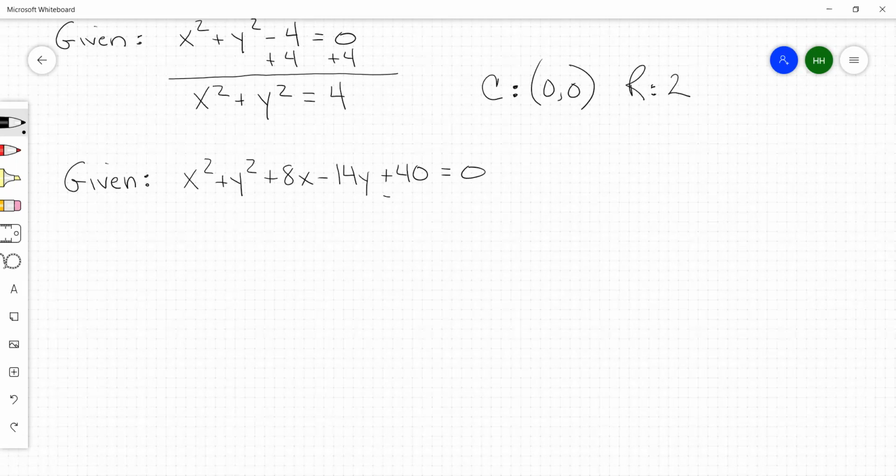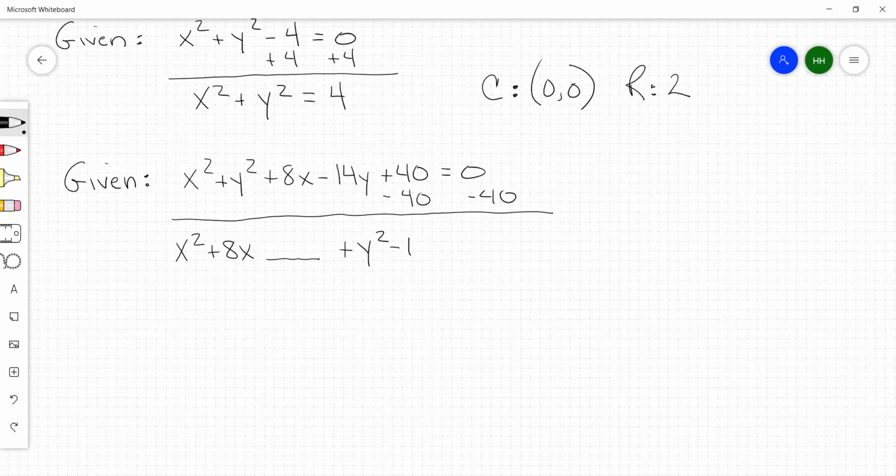So we're going to subtract 40 from each side, and we're going to rewrite like we did that first problem. We're going to take the x squared, group it with the 8x. We're going to leave a space. We're going to take the positive y squared minus the 14y. Going to leave a space. And we're going to leave it equal to this negative 40.